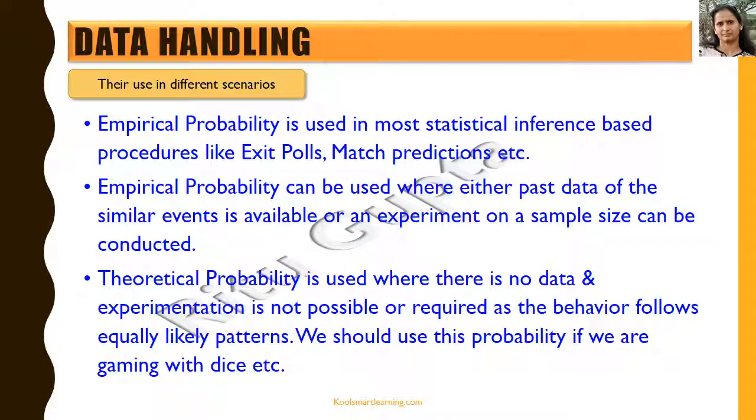But when we're talking about, say for example, insurance companies, they take some money from you and they give you insurance of a much bigger amount. Now that is based on empirical probability.